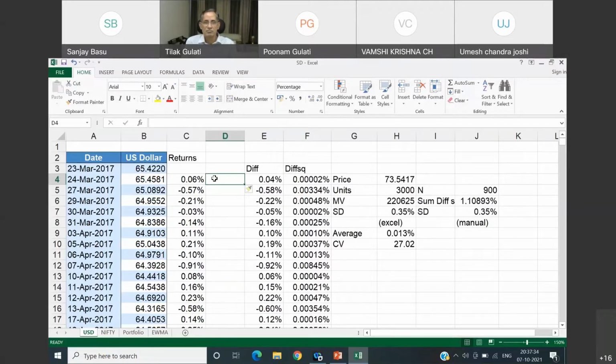You can answer the questions on chat box, or you can speak up. So, why don't we take the difference between the prices? Why do we take percentage changes? Returns. We do that always and everywhere.